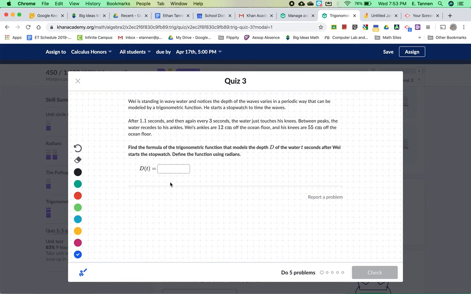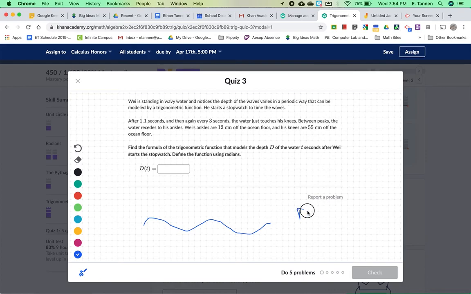But Wei is standing in wavy water and notices the depth of the waves varies in a periodic way that can be modeled by a trigonometric function. So he uses, or she uses, a stopwatch to time the waves. After 1.1 seconds and then again every 3 seconds, the water just touches his knees.